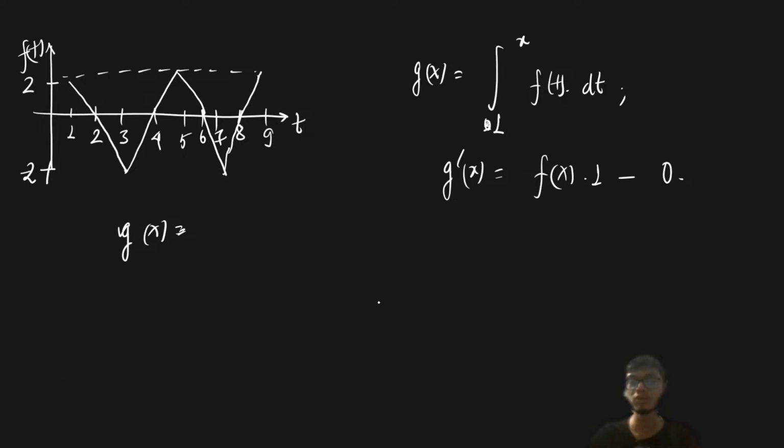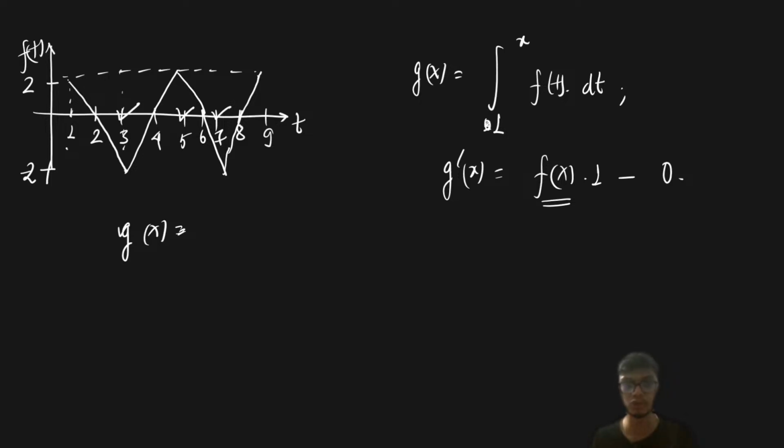Now the interesting point over here is that g dash of x is equal to f of x, and the values of f of x at 3, 5 and 7 are all constant values. So when t belongs to 1, 3, 5 or 7, g dash of x is equal to some constant.